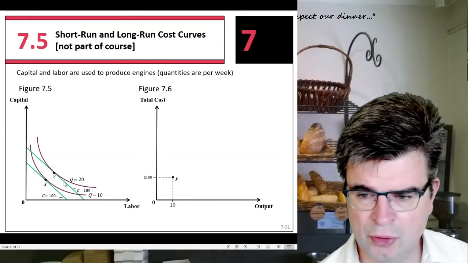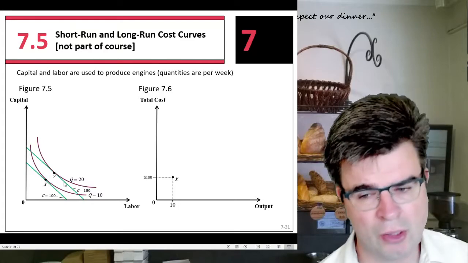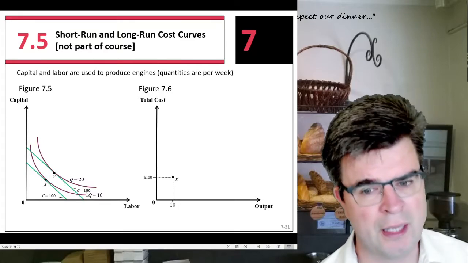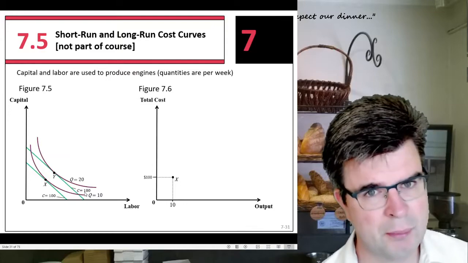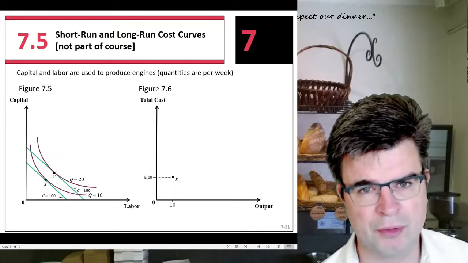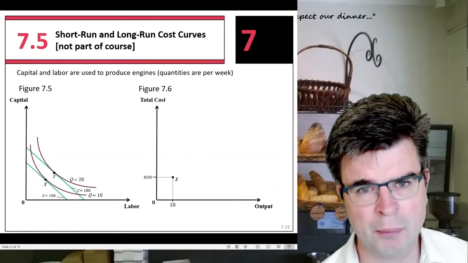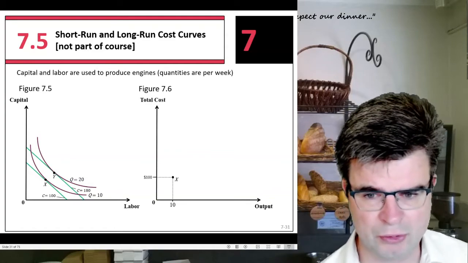That gives us a total cost of production of 180. So it's a little bit less than 2 times 100 in this case. We can double the output without doubling our total cost.